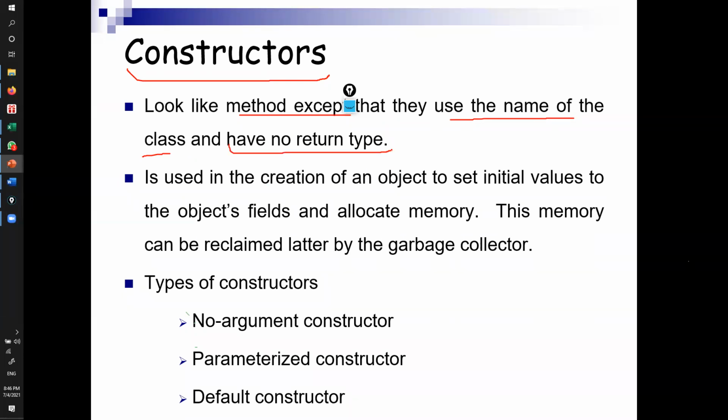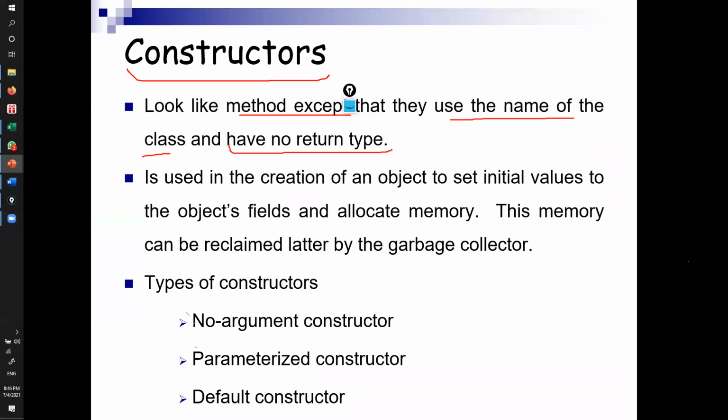If you look at any class declaration and you find a method which has the same name as the class name, that is actually a constructor. If you look at the signature of the constructor, there is no return type. There is no public void, no public int. It's a public Student, something like that.